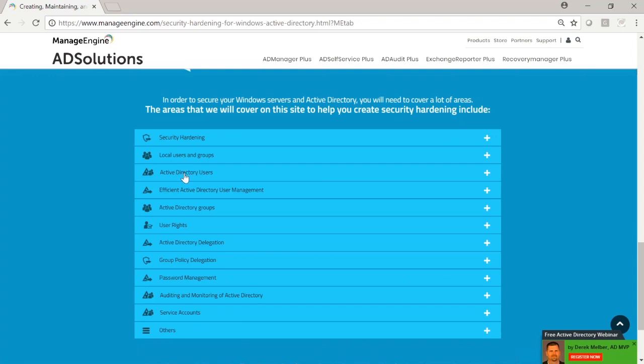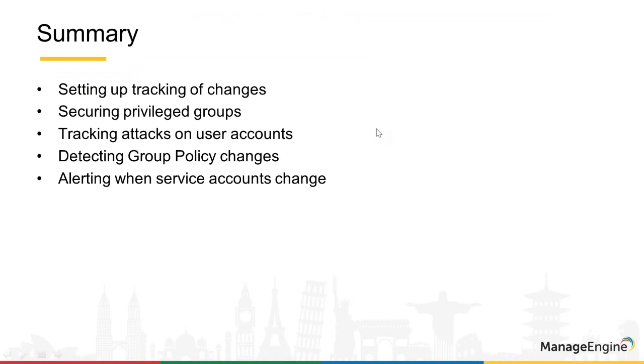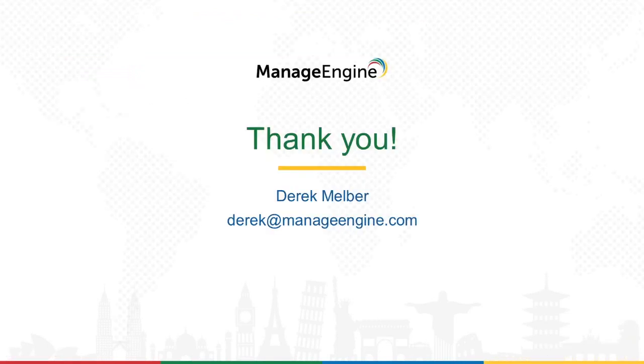Your users, making sure they're secure, your groups, user rights, delegation, all these things. These things you need to track and be alerted on when they change. If you can do this, you have an extremely solid Active Directory security platform. You know when anything changes in your environment. This is the power of monitoring and alerting for Active Directory changes.